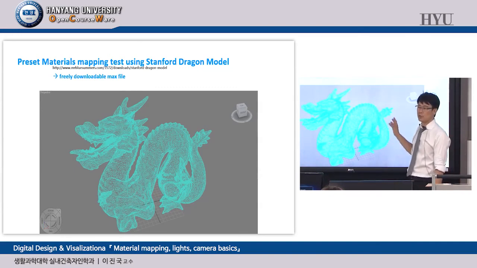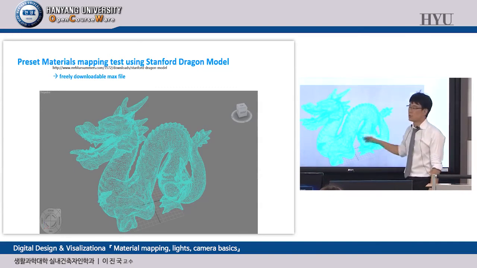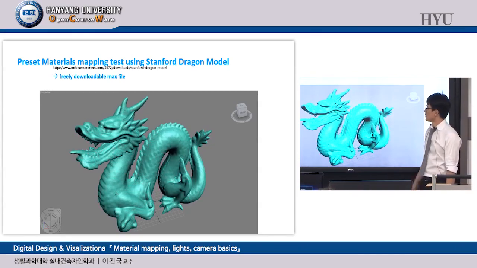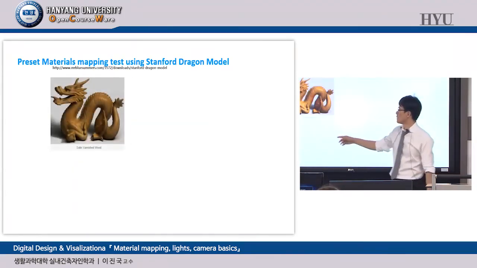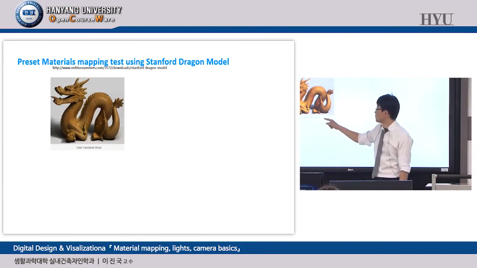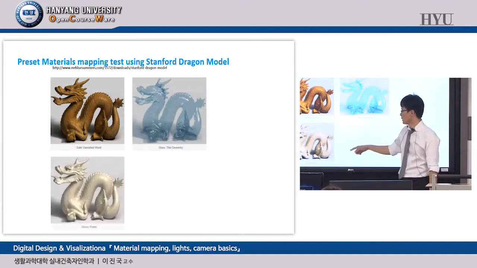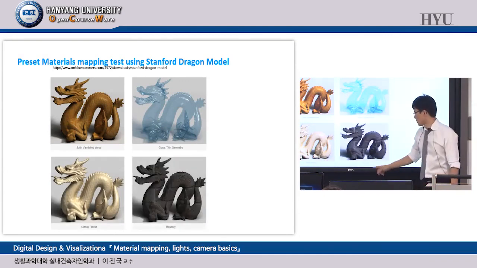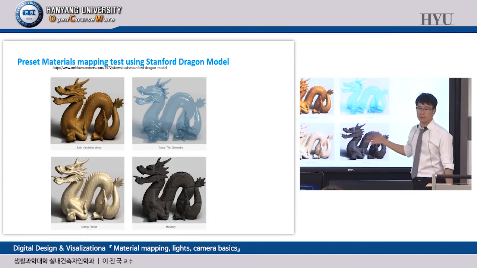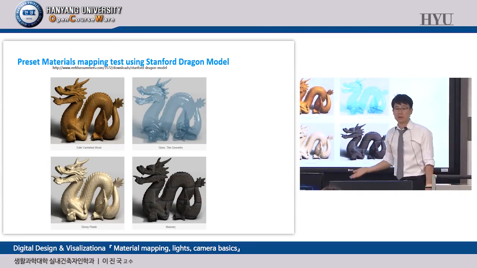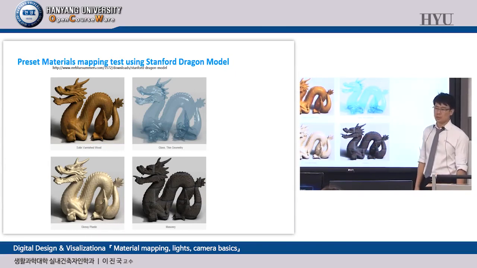You have to generate totally different materials on top of this Stanford Dragon geometry in order to get this kind of satin varnished wood, thin geometry glass, glossy plastic, masonry, okay? Totally different materials applied to this single geometry. So you can get at least 5 using this geometry. Take advantage of presets. That's Autodesk material, okay?